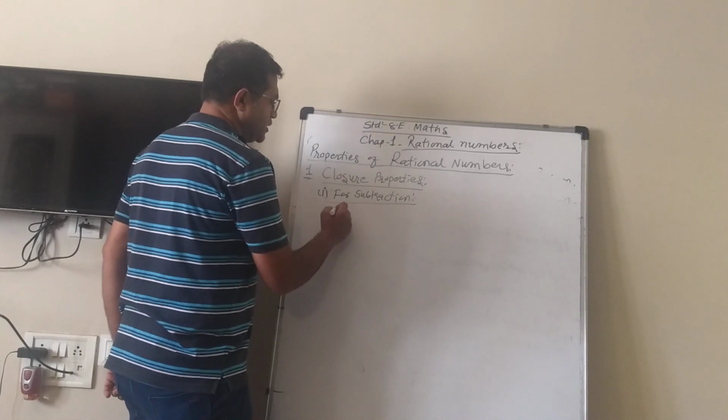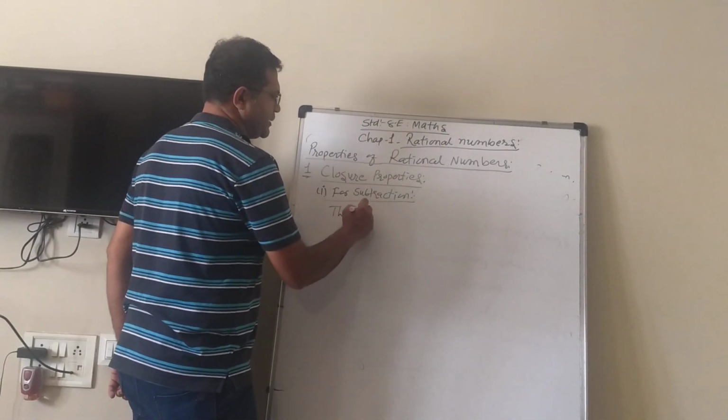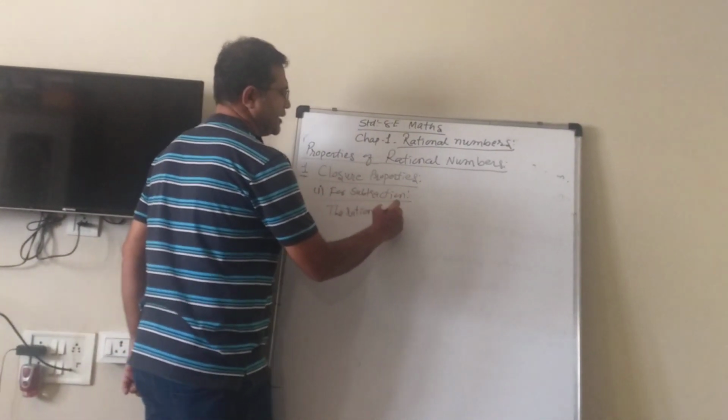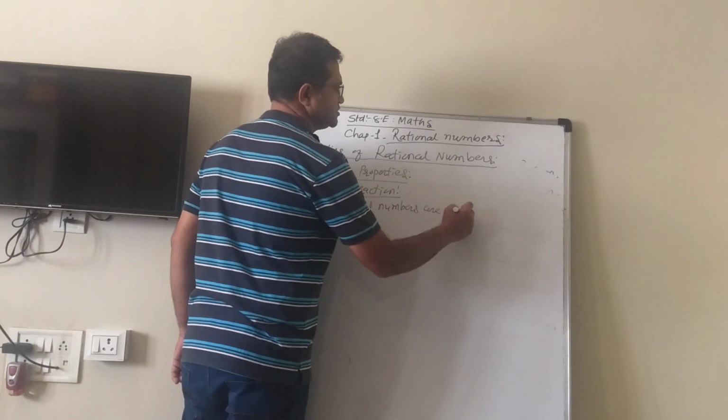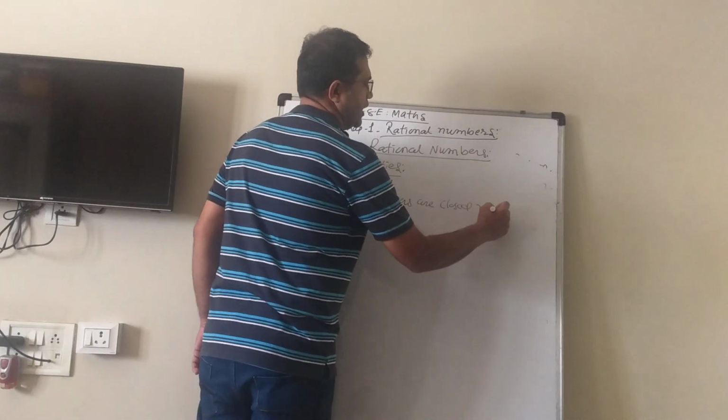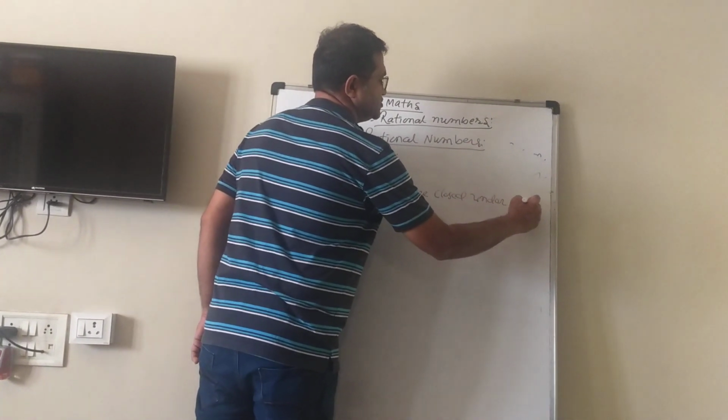So we can write down: the rational numbers are closed under subtraction.